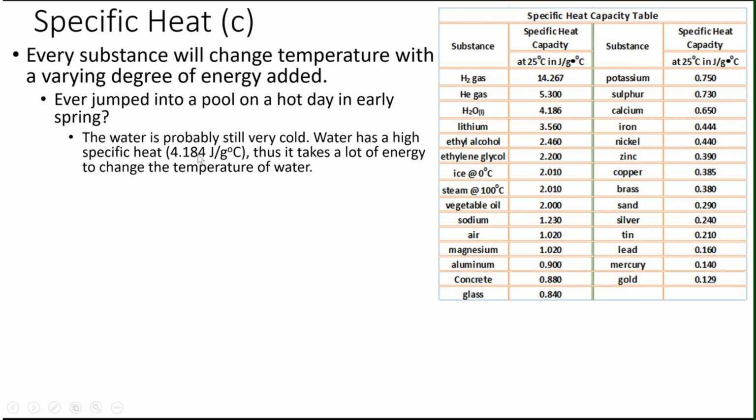So 4.184. That's a very high specific heat. What does that mean? Well, it means that it's going to take a lot of energy. So per gram of material, it's going to take 4.184 joules of energy to raise that substance by 1 degree Celsius. Again, that's a really large specific heat.